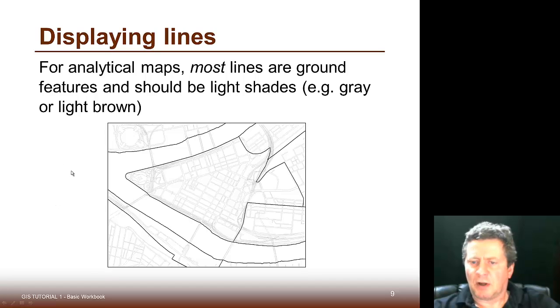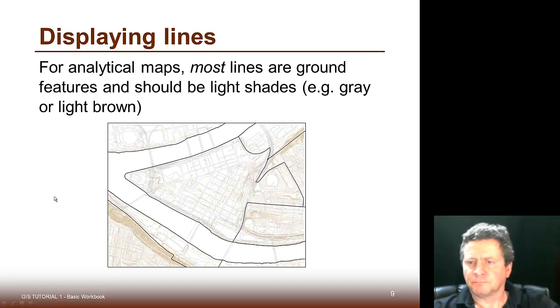Now, when you display lines, here you've got the hard lines for where the river is, and the darker and the shaded lines for the streets. So it allows you to still see the geometry of what's happening with some contrast. There we've brought in the topographical, so now we can see how the ground is oriented here.